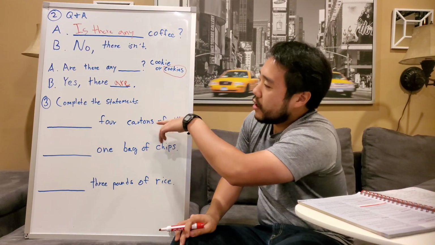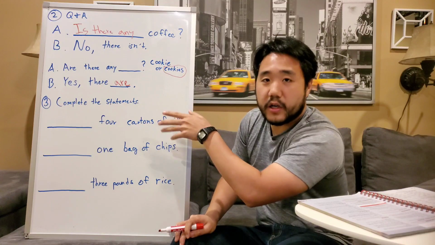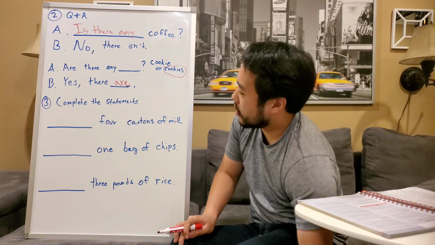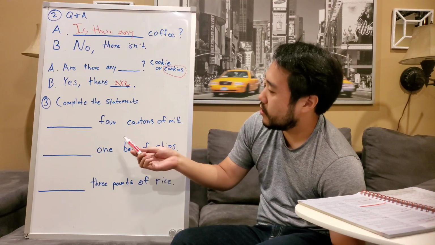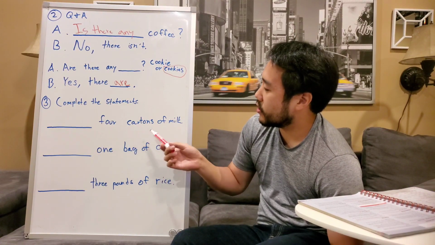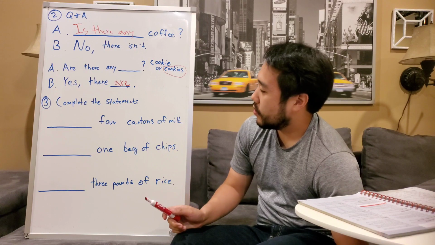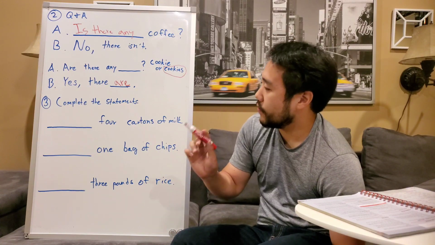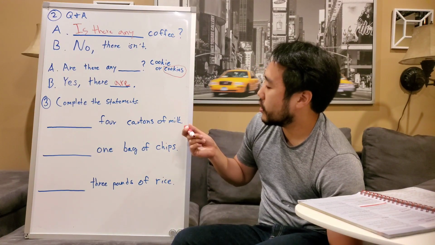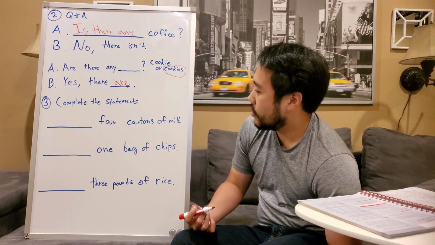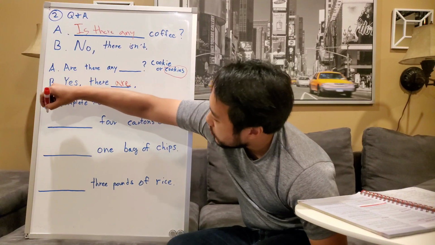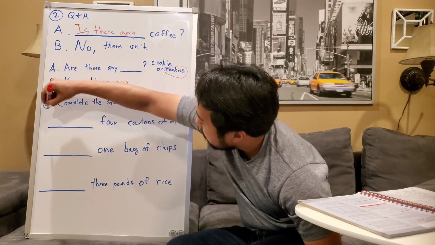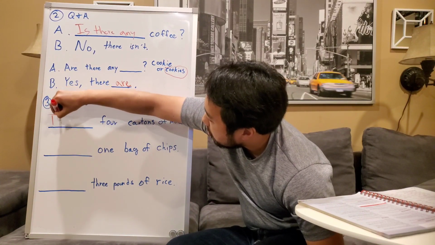And here we're gonna complete the statements together using there is and there are. So blank, 4 cartons of milk. So there are 4 of them, and milk is a non-count noun.